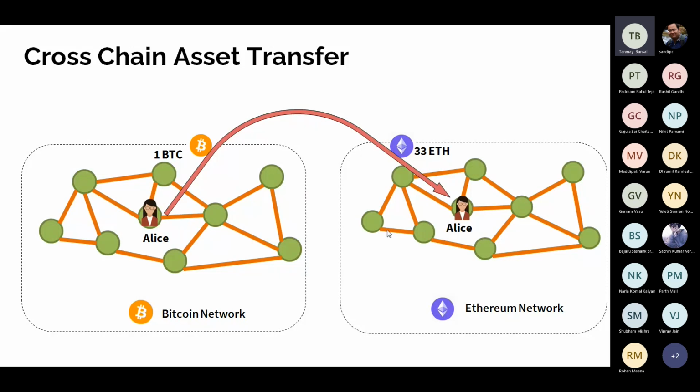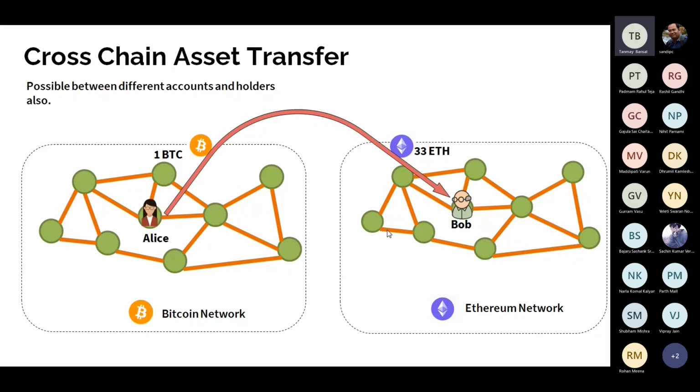Now, of course, this is an example where we have the same person, Alice, as a member of both networks. Instead, it could also be that the transfer needs to be done between different accounts and holders. For example, Alice may want to transfer one Bitcoin from the Bitcoin network to Bob, but Bob would be paid in the equivalent number of ethers.